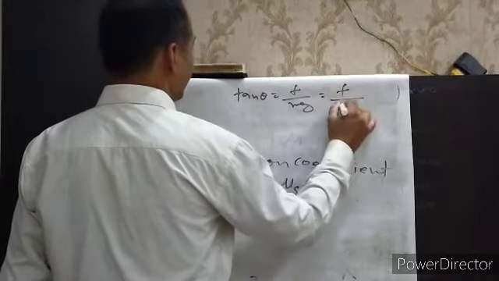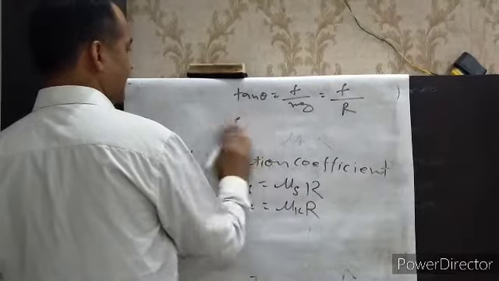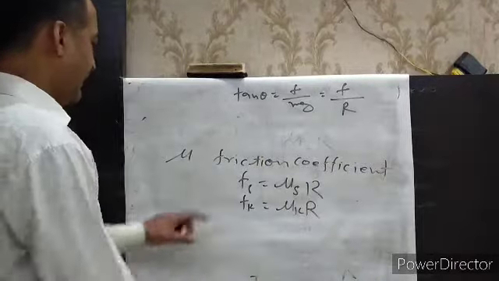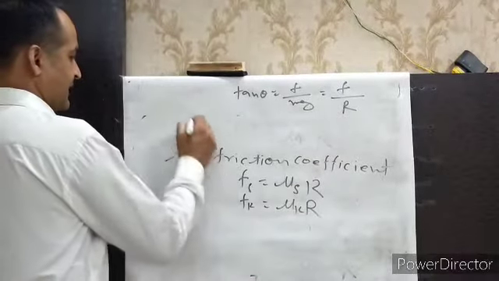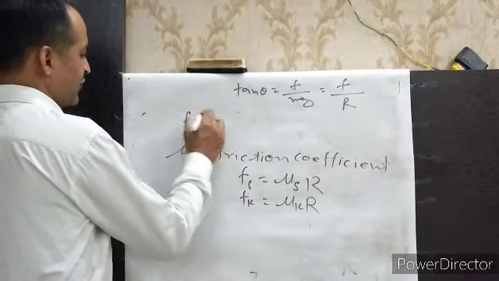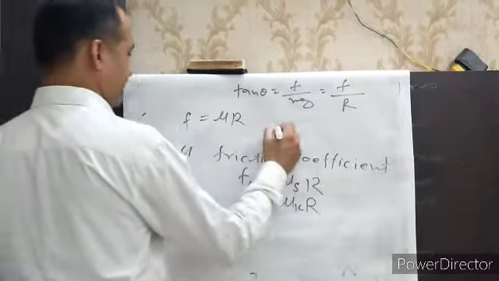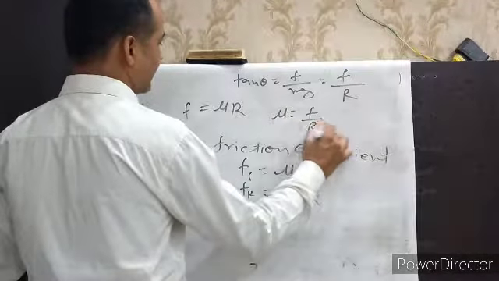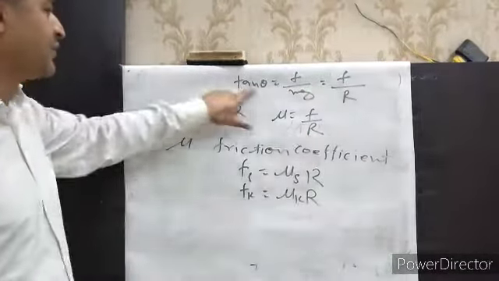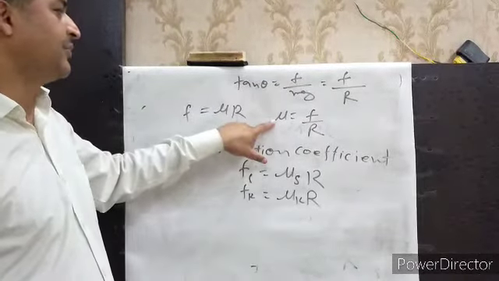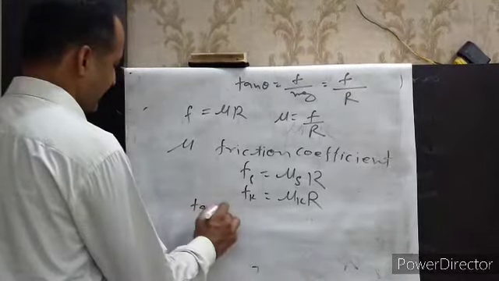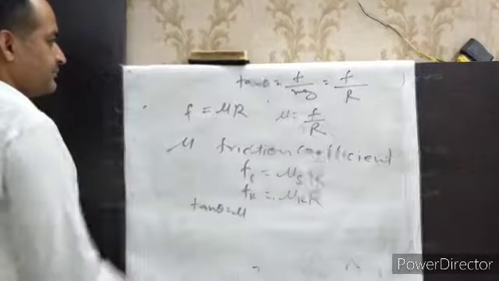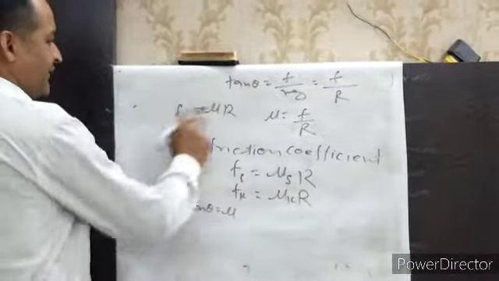This is F by R, so tan theta is equal to F by R. Since F is equal to mu R, mu is equal to F by R. Then from these two equations, tan theta is equal to mu.